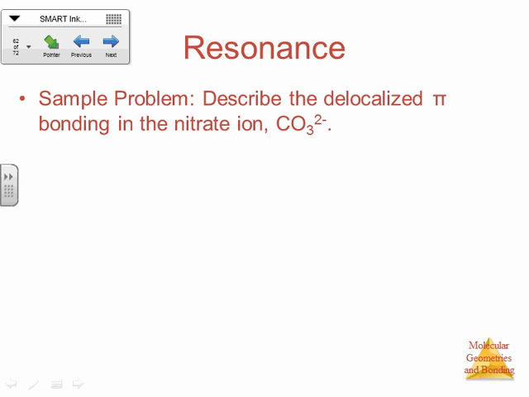Okay, so to describe the delocalized pi bonding in the nitrate, whoops, that's not right. It's supposed to say in the carbonate ion, not the nitrate ion, because we already talked about the nitrate ion. So CO3 2 minus. All right, so when we draw the Lewis structure for CO3 2 minus, I'm sorry, I know this is getting long.